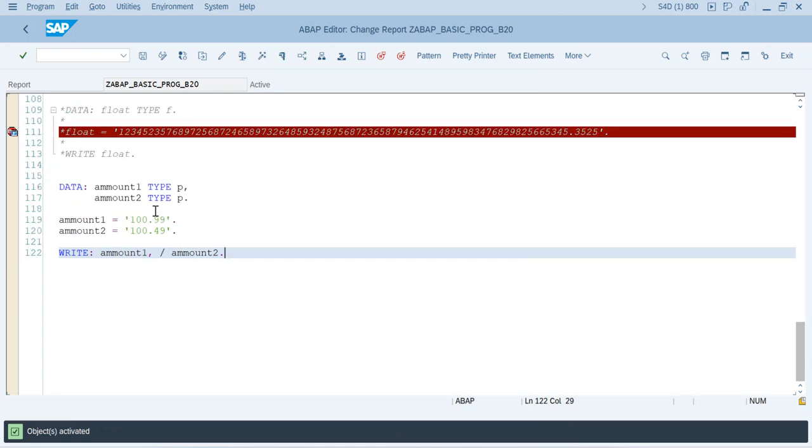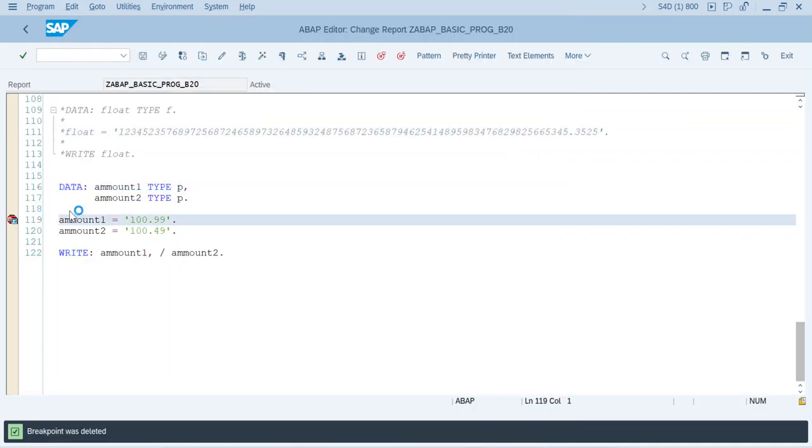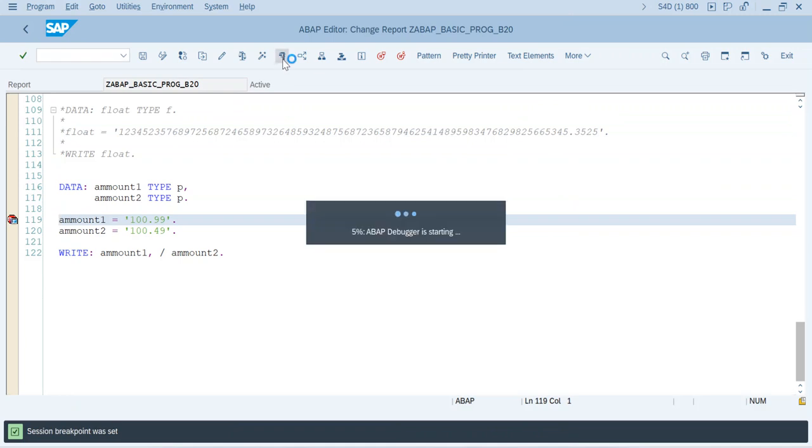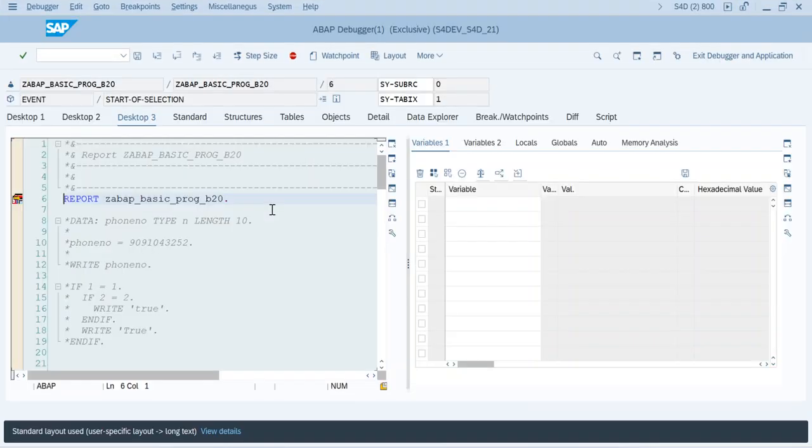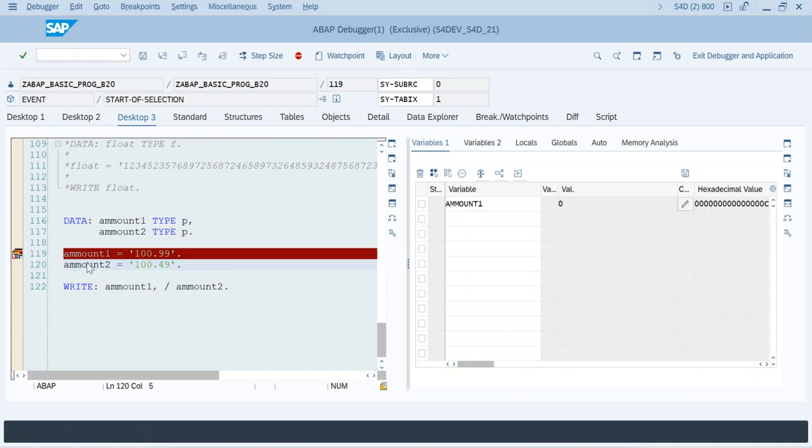Okay, if you observe here, I am not saying that you please also store the decimal 2 or 3, right? I'm not saying that, I'm just saying type P. So what happens now? We observe amount 1 and amount 2.